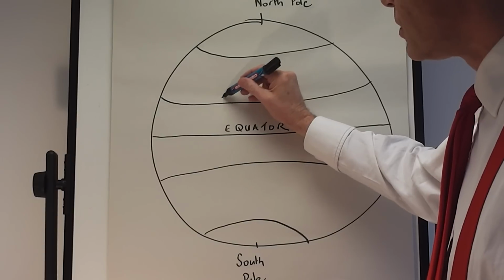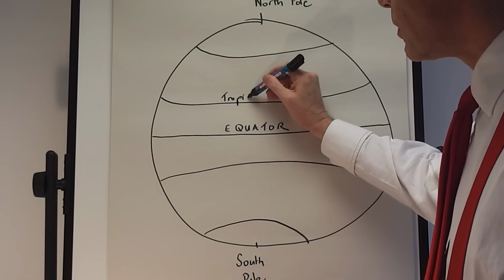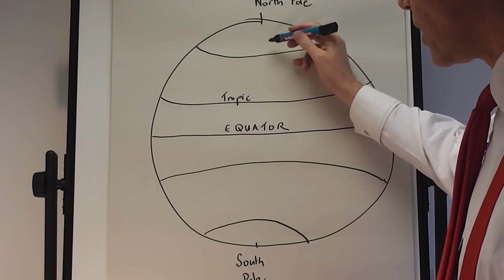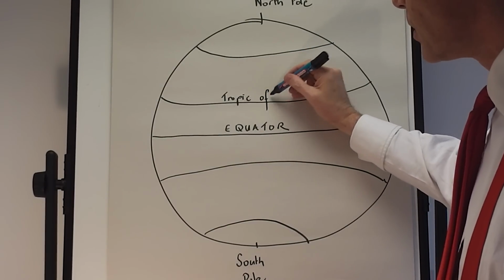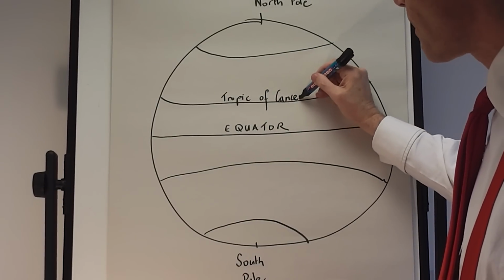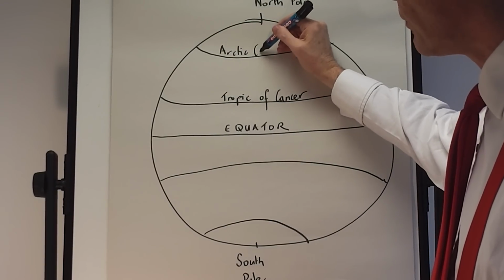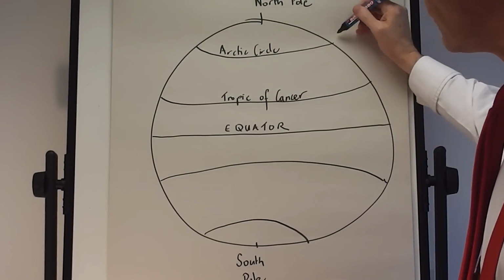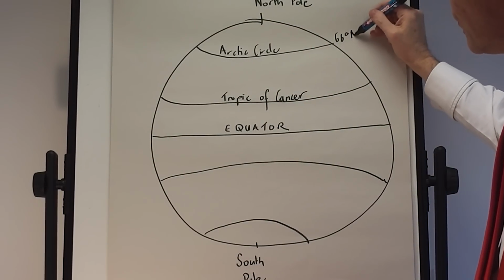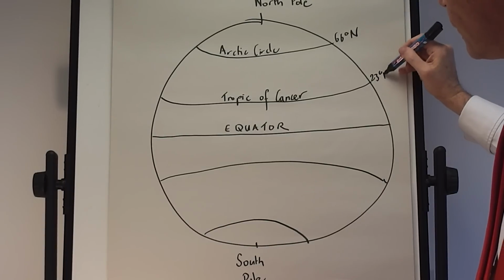And these are two special lines north of the equator, the Tropic of Cancer and the Arctic Circle. They're at 23 degrees north and 66 degrees north.